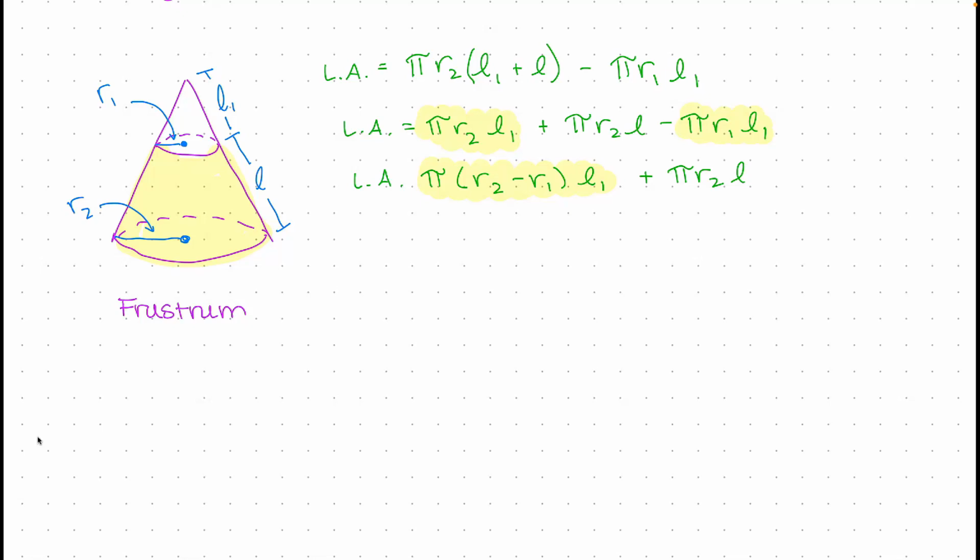So what can we do with this? We can take a break from that. Let's go back actually to the picture. Using similar triangles, there's a relationship between all the L's and the R's. So we have the slant height of the big cone to the radius of the big cone is equal to the slant height of the little cone to the radius of the little cone.